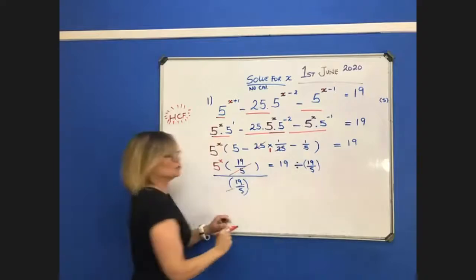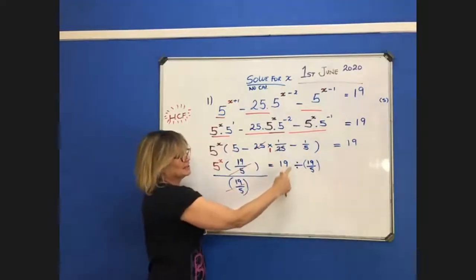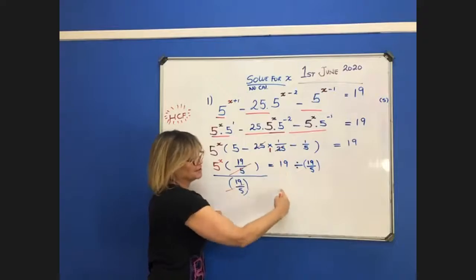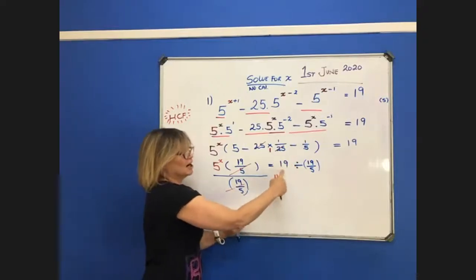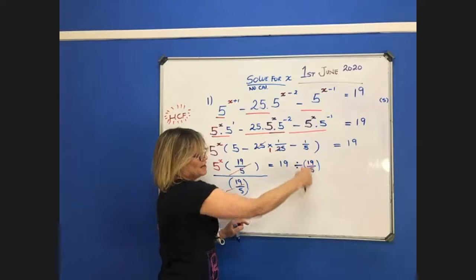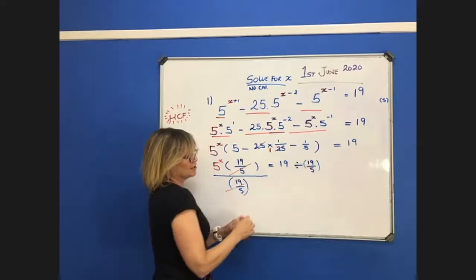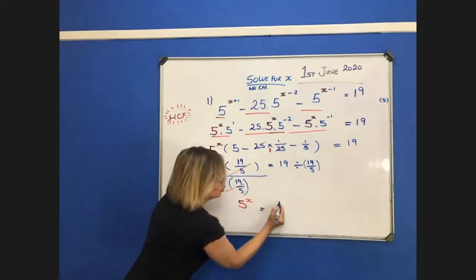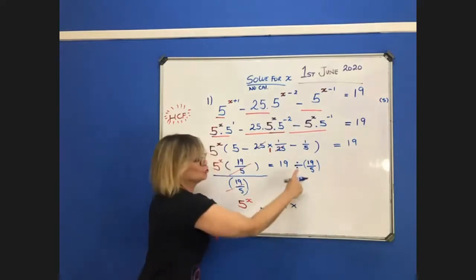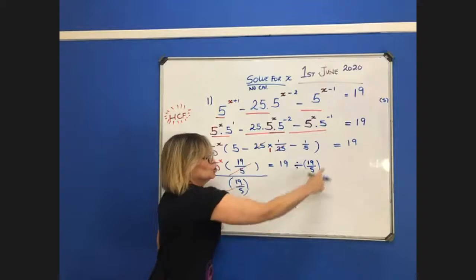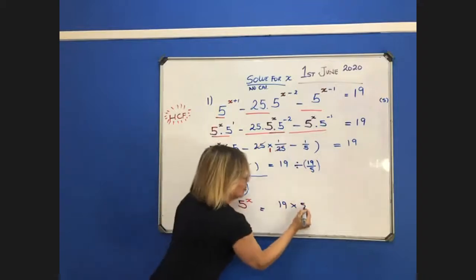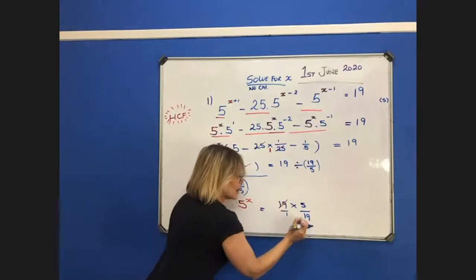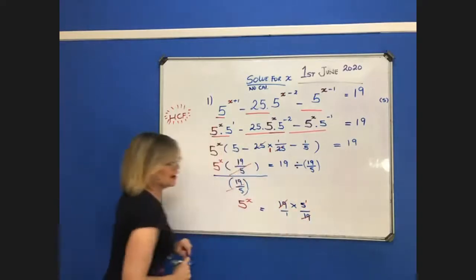Now, you might notice that on the right, instead of going 19 divided by 19 over 5, which becomes a double decker, I just went 19 divide by 19, so that it is easier for you to see that if you do your times and tip, so you change your divide to times, you tip this upside down, then do you see the 19s cancel once out, leaving you 5 to the 1.